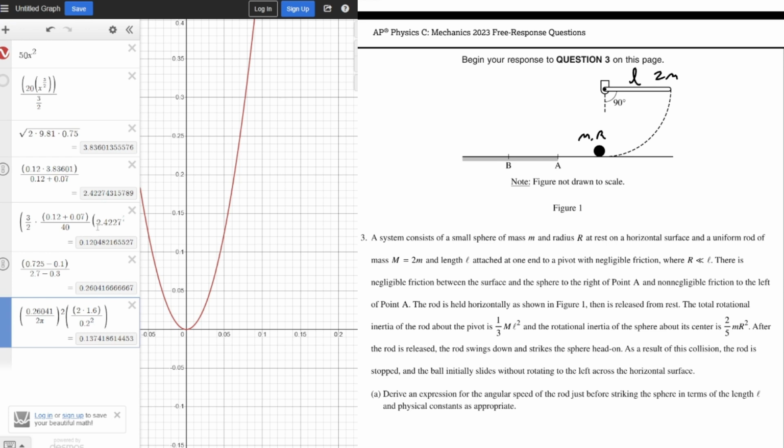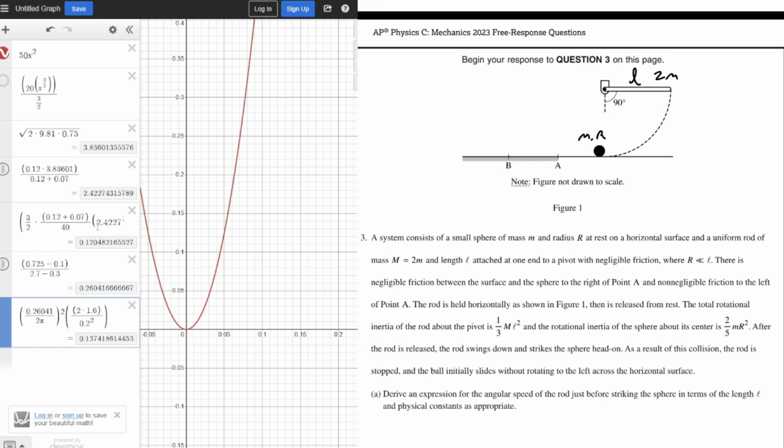And this has L, where R is super, super smaller than L, so it's negligible. Okay, there's negligible friction between the surface and the sphere to the right of point A, and non-negligible friction to the left of point A. So here, there's no friction, it doesn't matter. Here's mu, right? The rod is held horizontally, shown in figure 1, and then is released from rest.